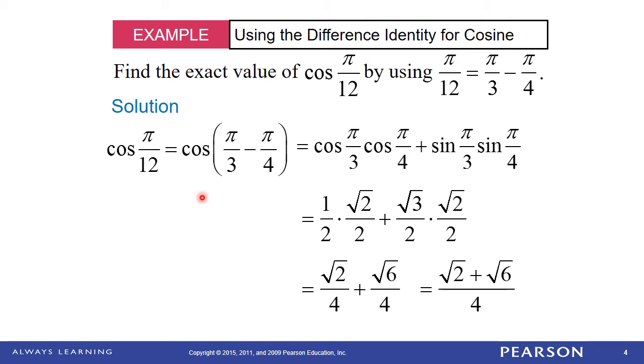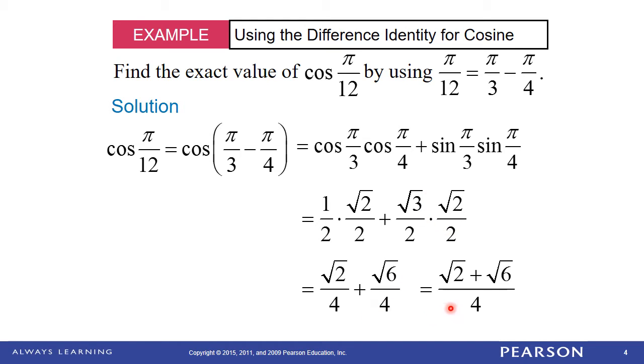All right, let's go for it here. How's this used? We're going to find the exact value of cosine of pi over 12. What we do is we can use the measurement of the angle that's given. So now we're going to do a subtraction between two angles to give you the same value. And then we plug into the formula that we saw on the previous slide. We get the trig functions of the angles we already know.